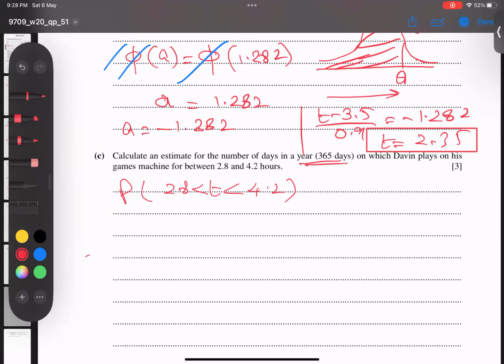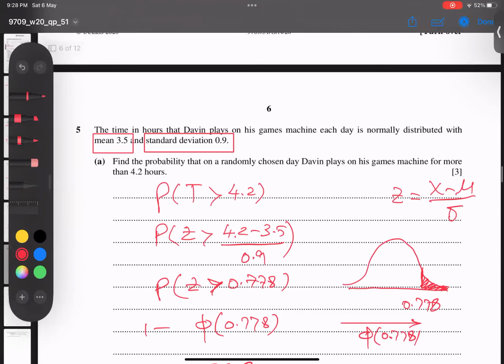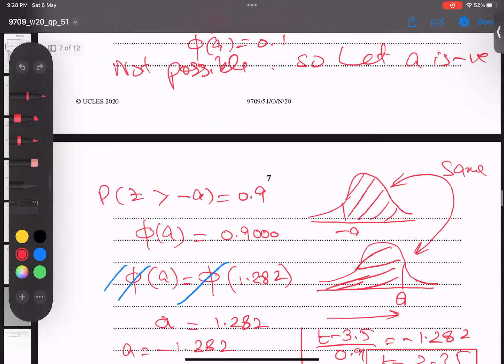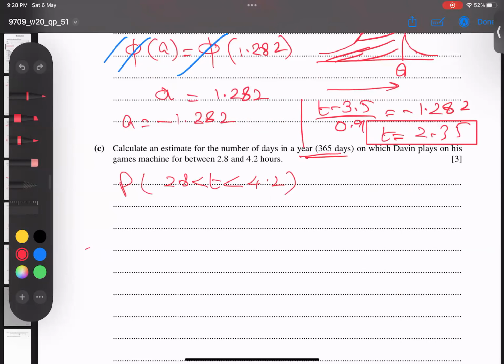These numbers we have already here. What is the technique here? I think we can do it simply: 4.2 minus 3.5 over 0.9, and here 2.8 minus 3.5 over 0.9.